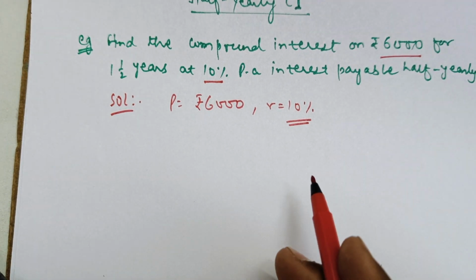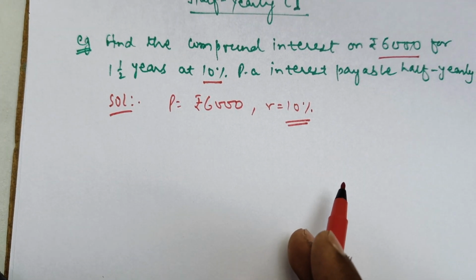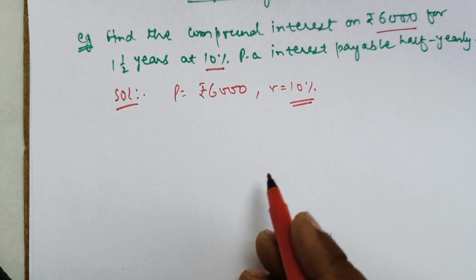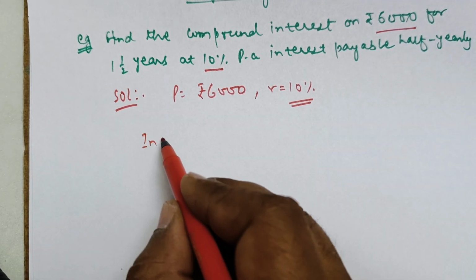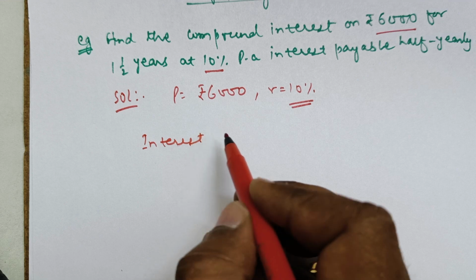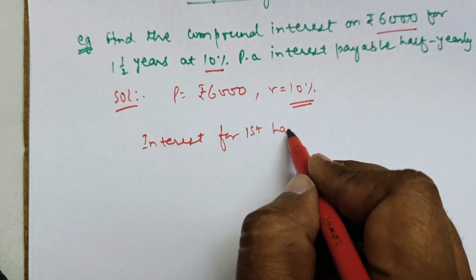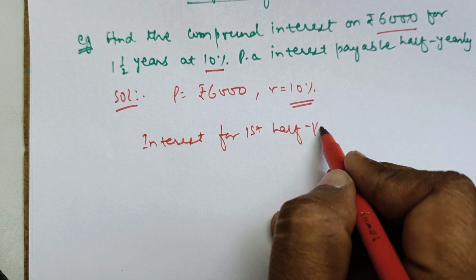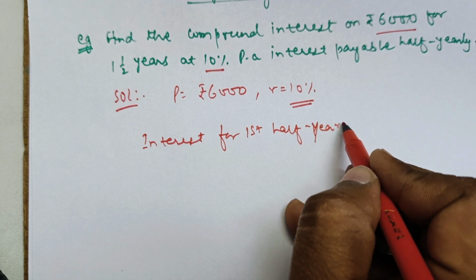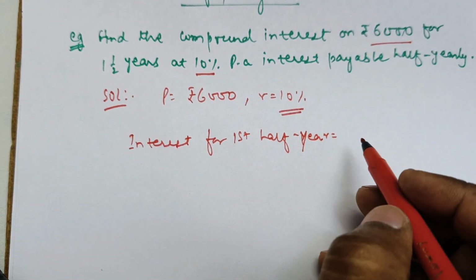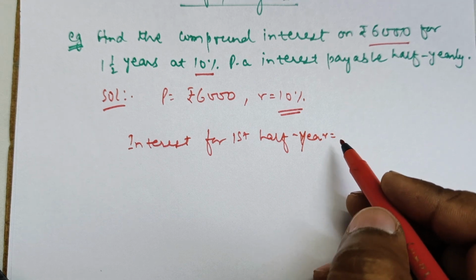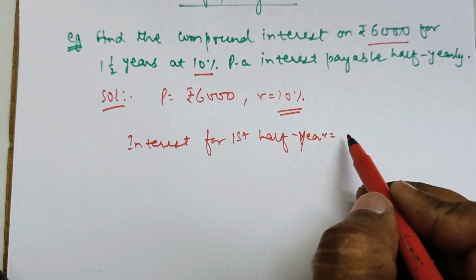Now we have to find the interest for the first half year. Instead of finding it for the whole year, we'll find the interest for the first half year. The formula will be the same, that is PRT upon 100, only the time we will take is half.